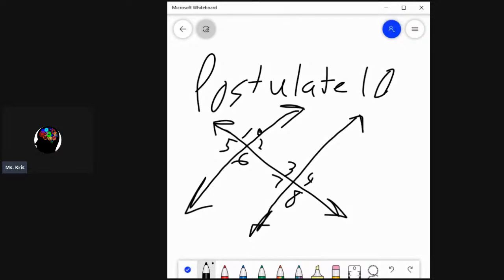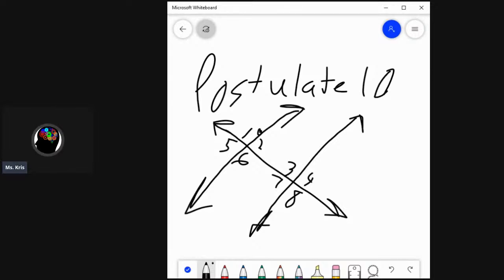So, if a corresponding angle is listed like this.